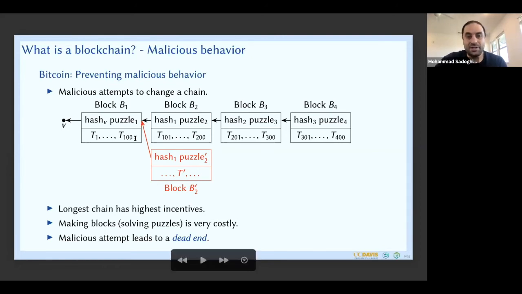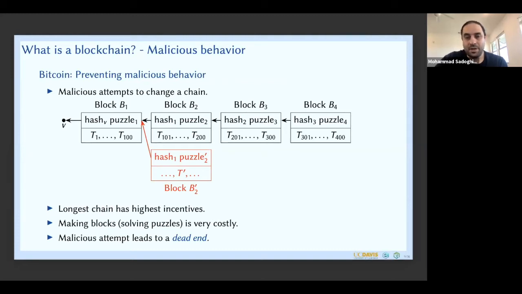And of course, the reason that we have these puzzles is that it makes the chain prohibitively expensive, or nearly impossible, to fake after the chain has been developed for some time. In order to reverse the history, you need enormous computational power.